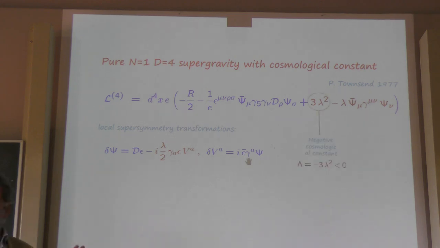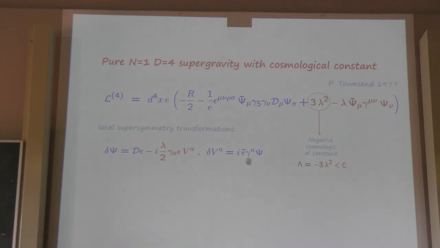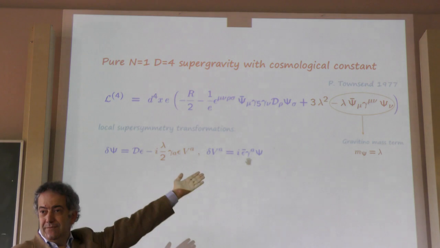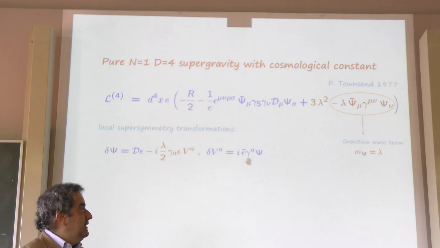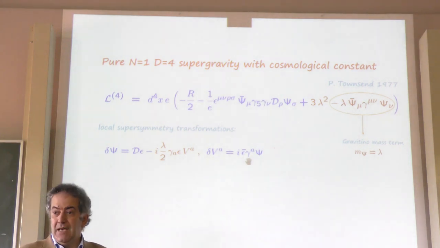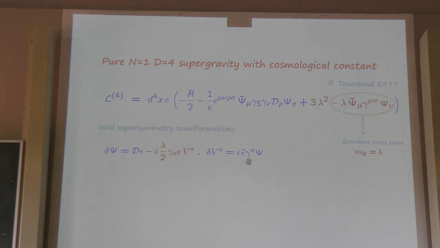And we notice some general features of this action. First of all, you have a cosmological constant, which is negative. The second term in the Lagrangian is a mass term, quadratic in psi, for the gravitino field, and the gravitino mass is lambda. Now, this does not mean that the gravitino field is massive, because this mass that you see here, which is equal to lambda, is the Poincaré mass. The mass term that you would write if the equation of motion were written in a flat spacetime.